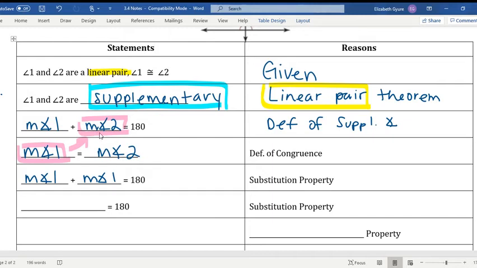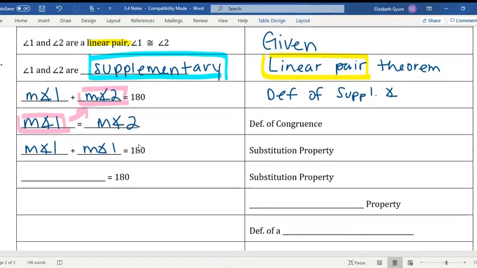Now why would I want to say that? What would be the point of that? Well, adding something to itself is the same thing as doing what? Multiplying by 2. So couldn't I also write this as 2 times the measure of angle 1? Wouldn't that mean the same thing? Yeah, that's also substitution.